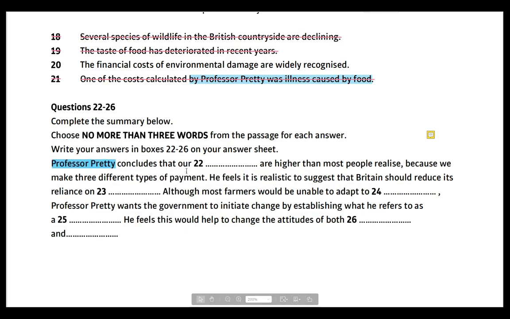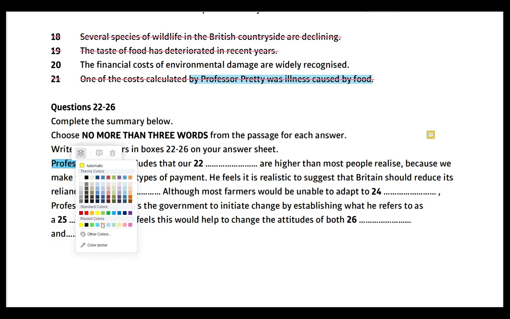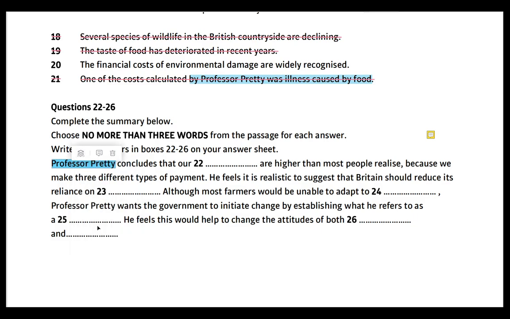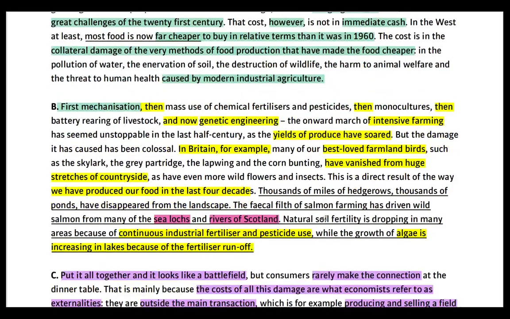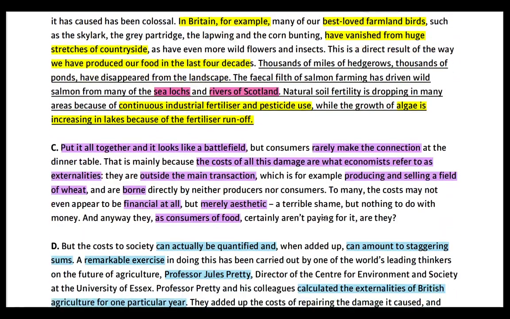Professor Pretty concludes that our something are higher than most people realize because we make 3 different types of payment. All right, there you go. If I click that button, we can mark the 3 types of payment. There we go. 3 types of payment was mentioned, if we remember that.